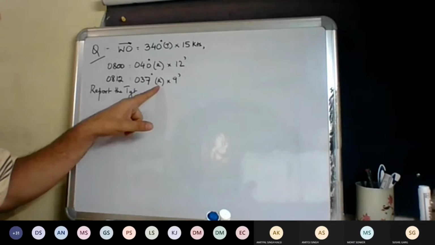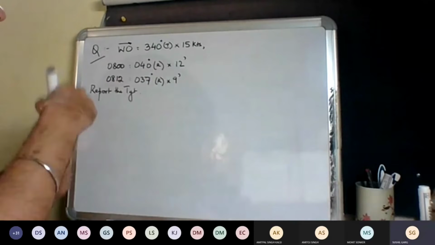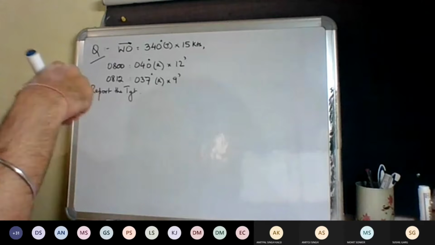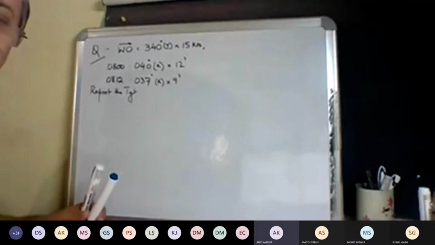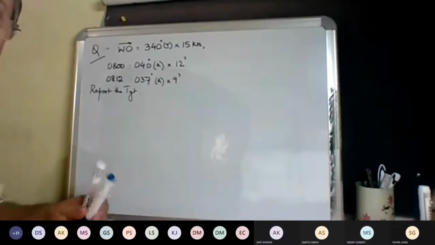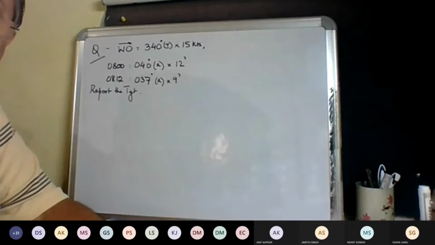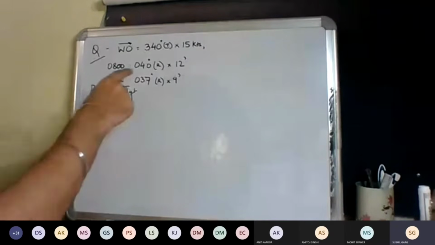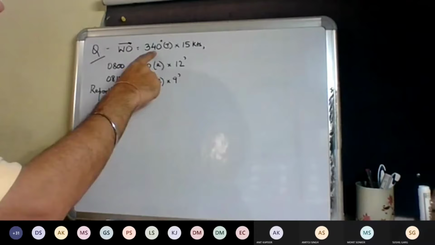So what should I do to the relative? Convert it to true. How do I do that? Plus 180? Sir, adding or subtracting with respect to our heading. Right. My heading is 340.